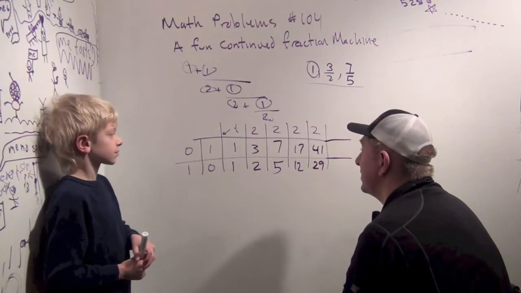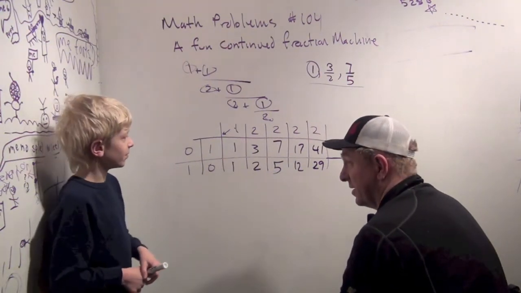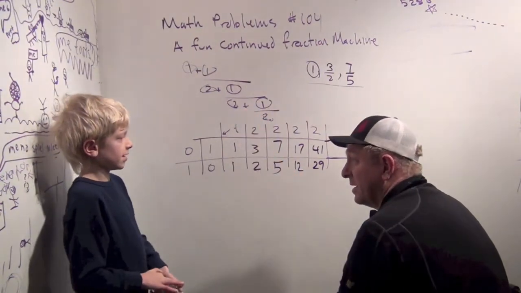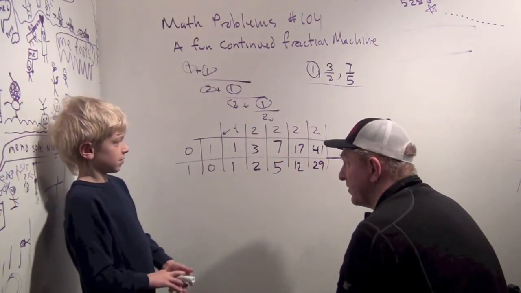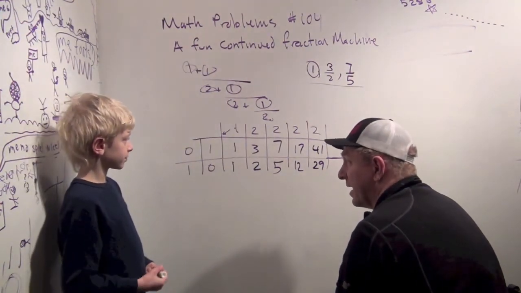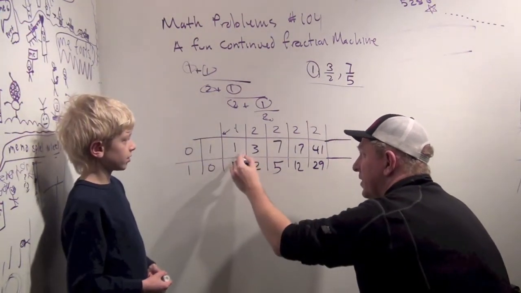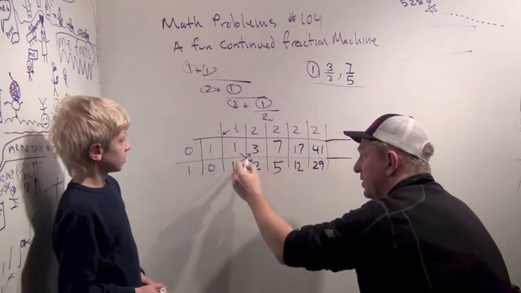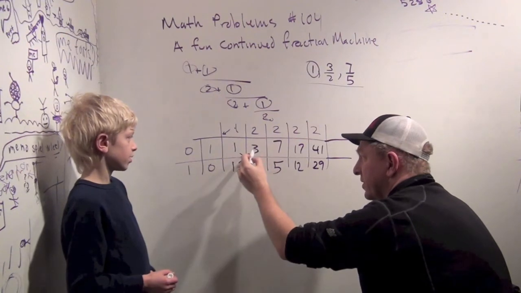Now I'm going to show you something interesting about these numbers. This was neat in that it helped us speed up, but these numbers have lots of really interesting properties. We can watch when we multiply this way and that way. 1 times 2 is 2. 1 times 3 is 3.